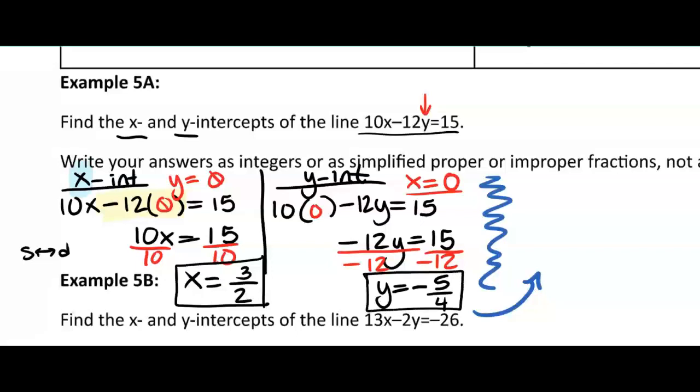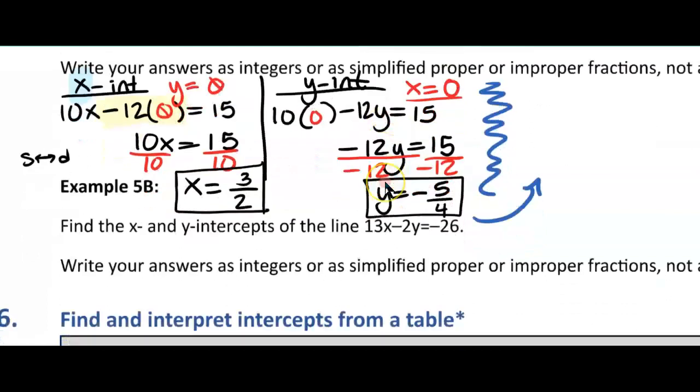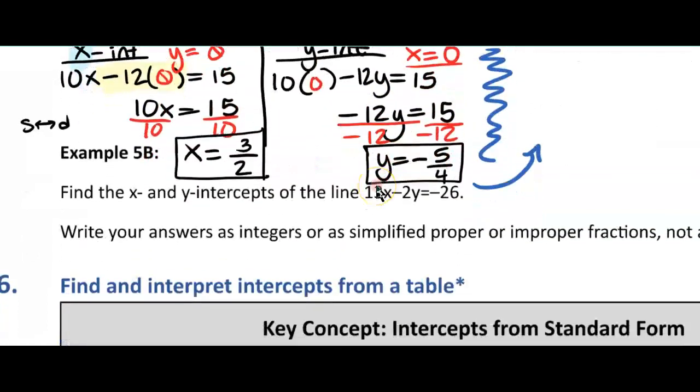Okay, so this x value is my x-intercept. I would enter 3/2 for my x-intercept. This y value is my y-intercept, negative 5/4. If I wanted to enter these as ordered points, would this go in the first part of the parentheses or the second part?